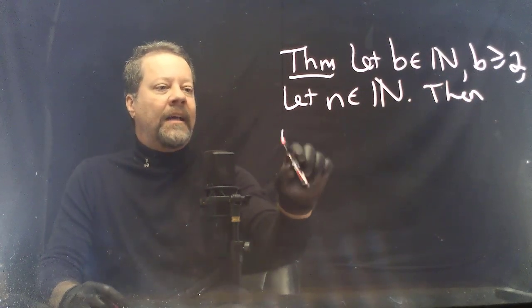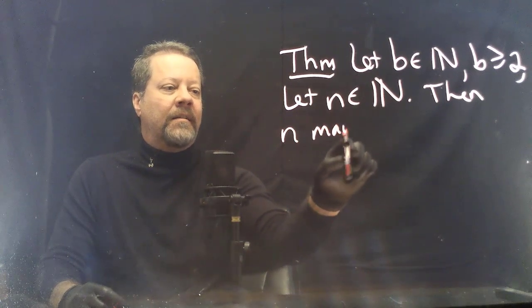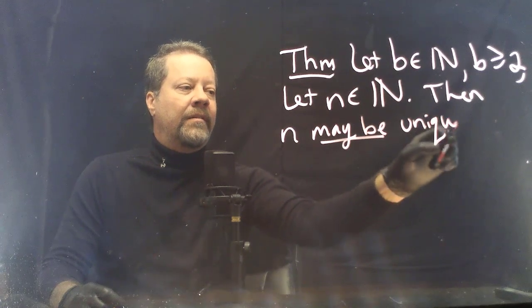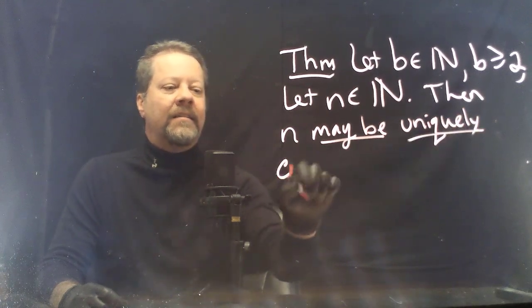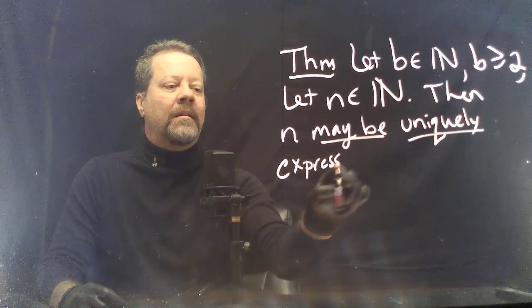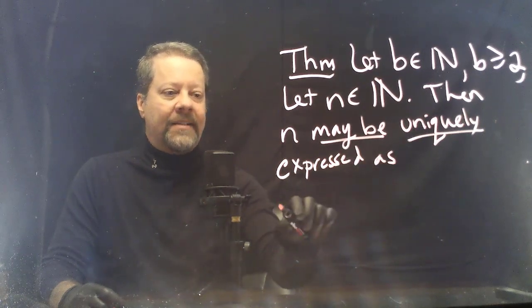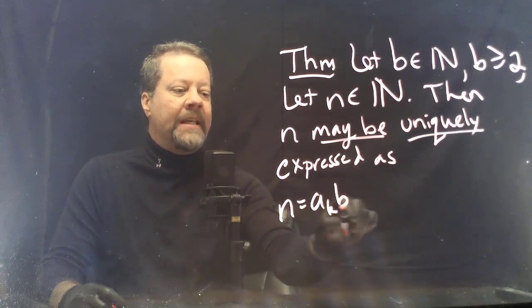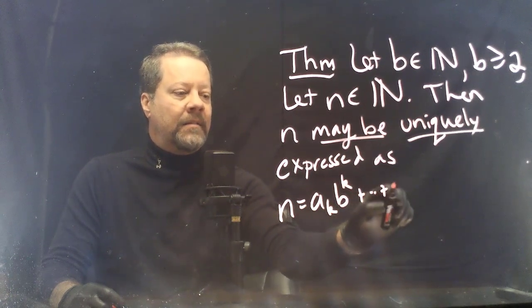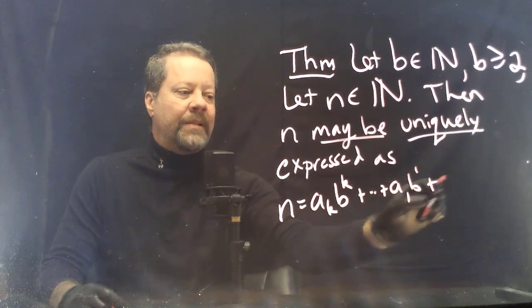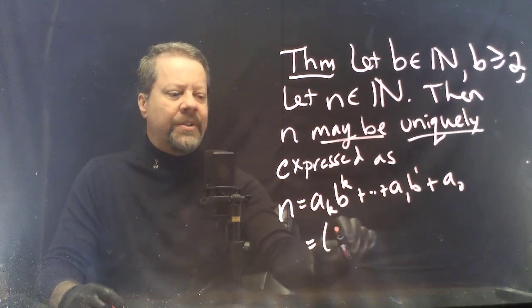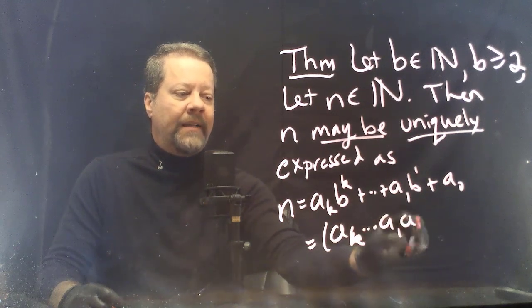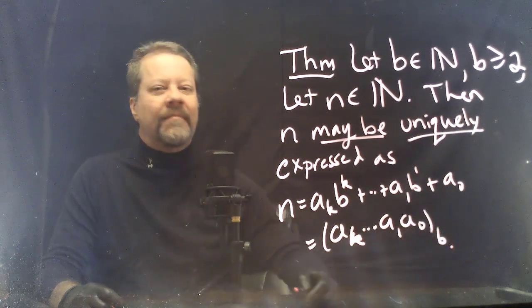Then n may be uniquely expressed as a_k b to the k plus ... plus a1 b to the 1 plus a0, which is the representation a_k, ..., a1, a0 in base b.